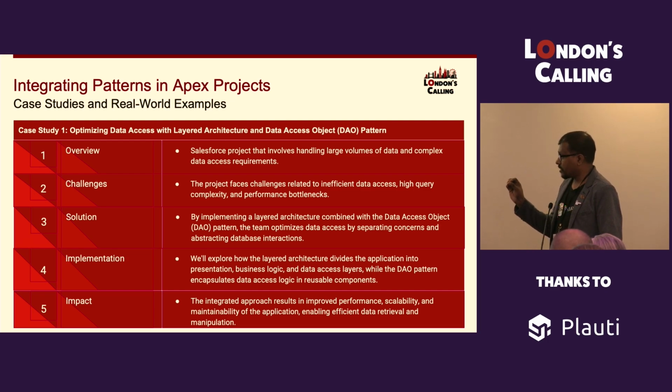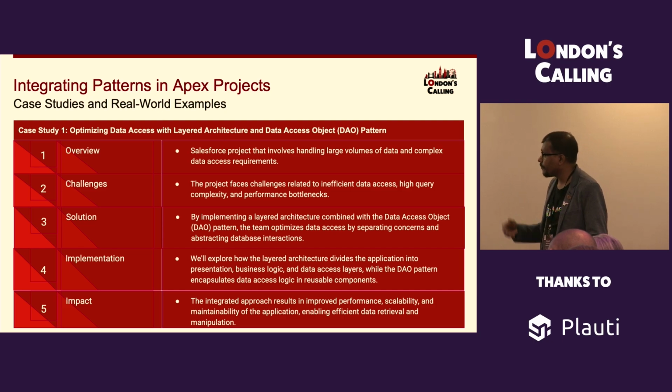We have a project that involves handling large volumes of data and complex data access requirements. When we have this kind of project, we face challenges related to insufficient data access, high query complexity, and performance bottlenecks, because we need to access a large volume of data.